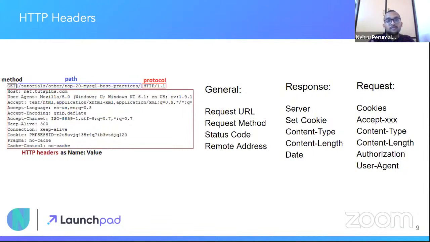But what is the type of the data that I am requesting and that the server is sending to me? That type will be set over here, the content type. If the server is sending me some HTML data, then the type will be text/html. If the server is sending normal text data, then it will be text. If the server is sending me some JSON data, then it will be text/JSON.